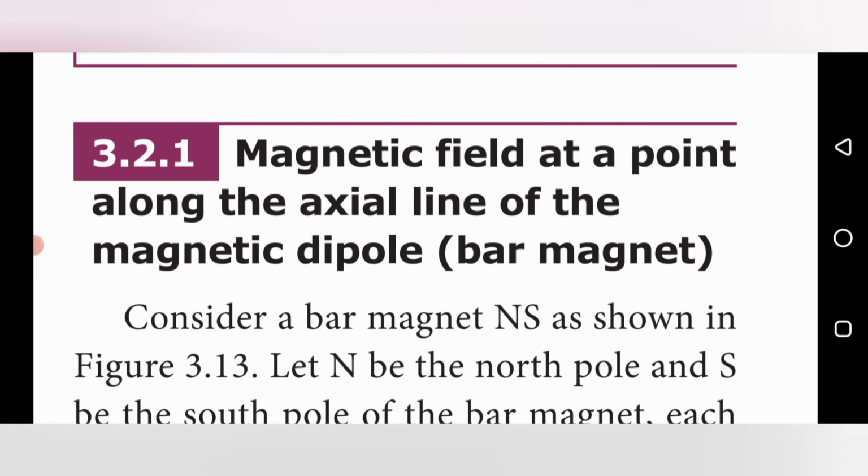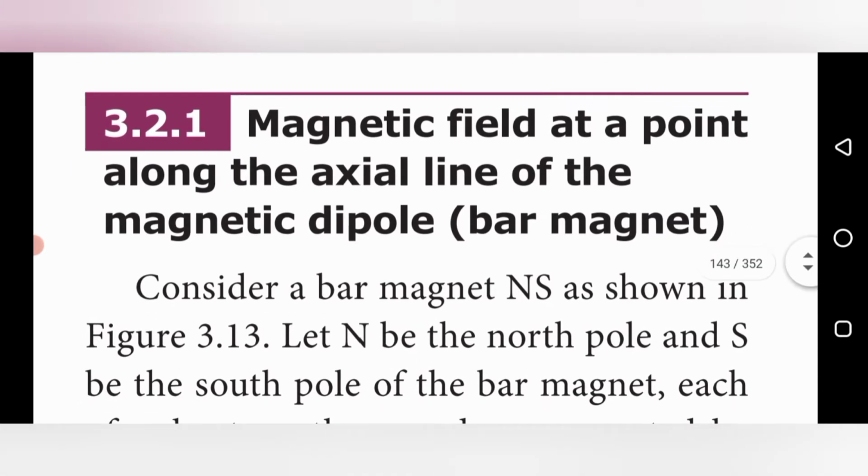Instead of a dipole we use the magnetic dipole, that is, the bar magnet. Otherwise we take all the values by the same procedure. I will just explain it, and you can go through the first lesson on the electric field along the axial line. We continue the same in this lesson. So listen and find the magnetic field of a magnetic dipole.